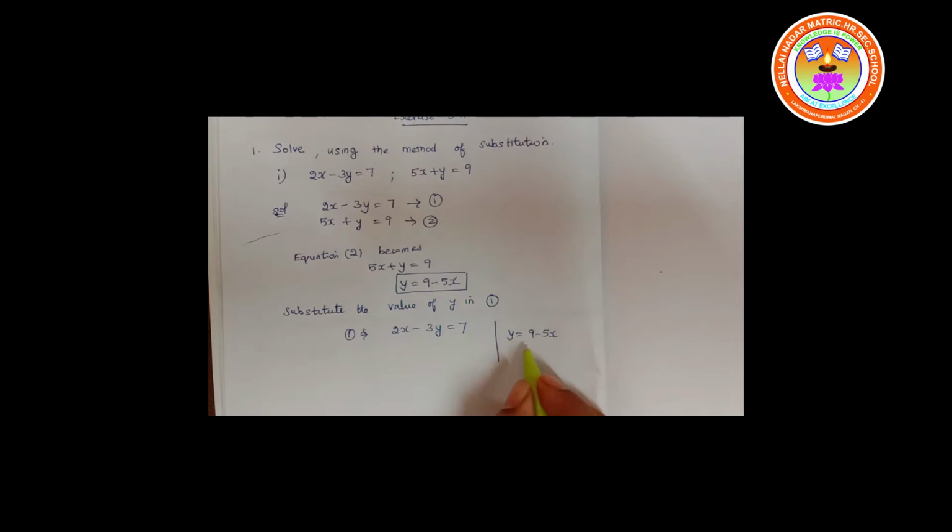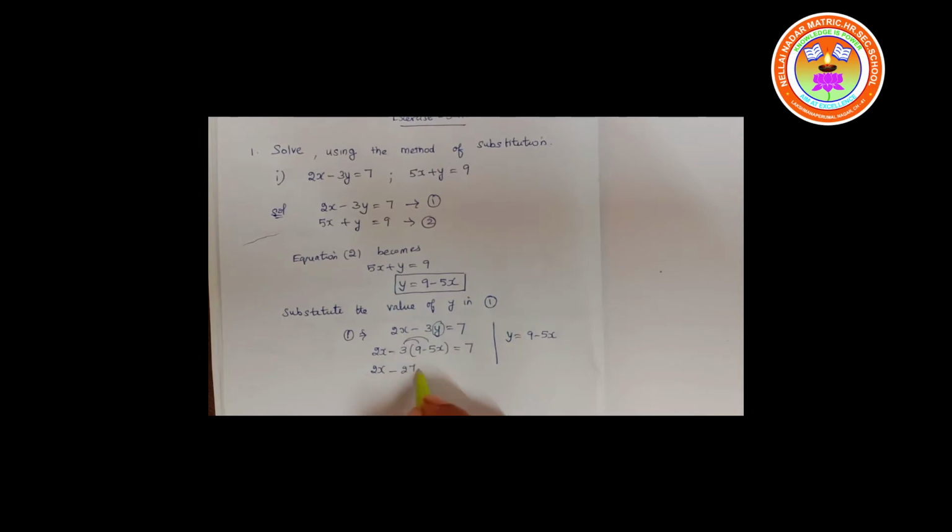So you substitute y equal to 9 minus 5x in place of y. So 2x minus 3 into (9 minus 5x) is equal to 7. So 2x minus 3 nines are 27, minus into minus is plus, 3 fives are 15x is equal to 7.